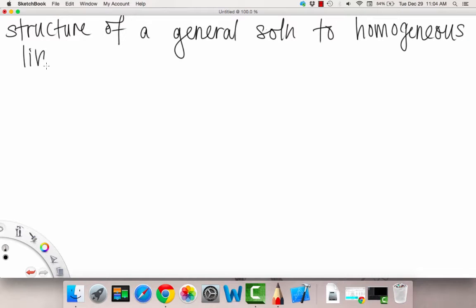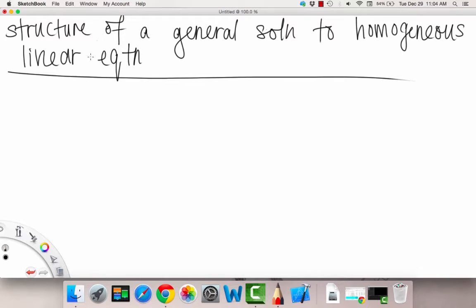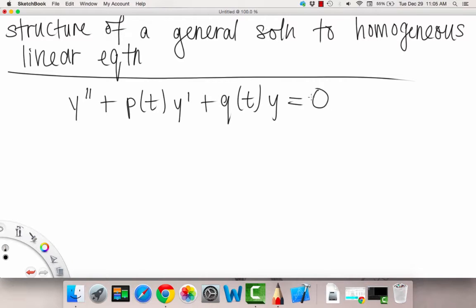We only want to deal with linear equations at this point. A homogeneous linear equation looks like this: y double prime plus p of t times y prime plus q of t times y is equal to 0, because it's homogeneous.